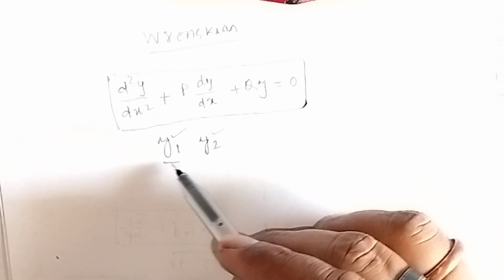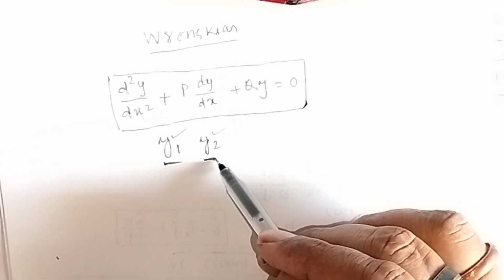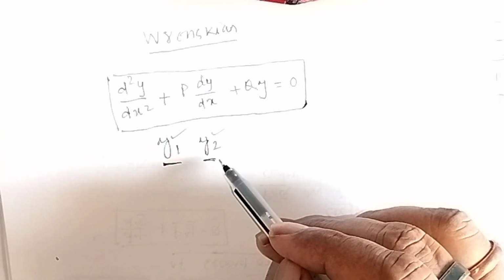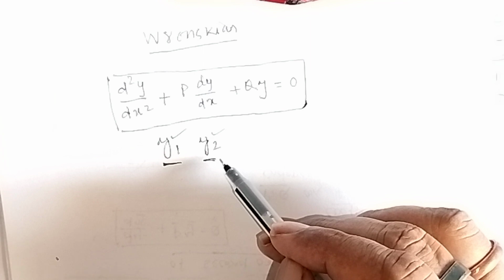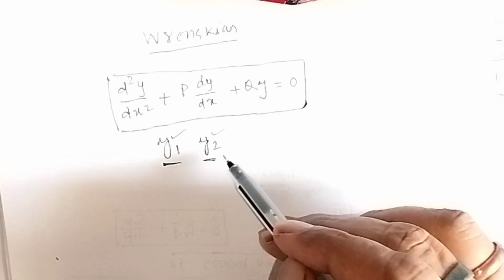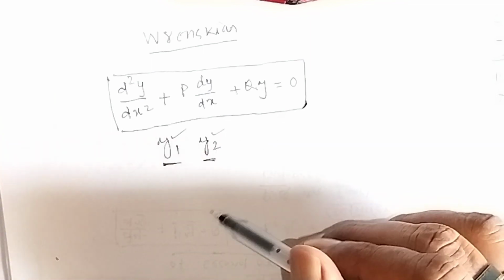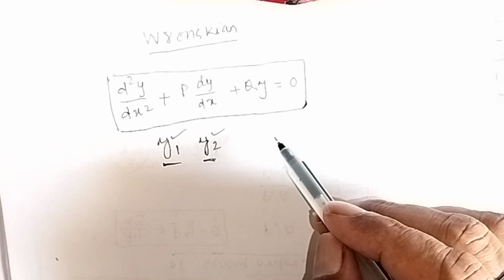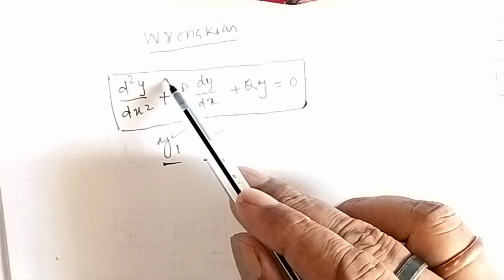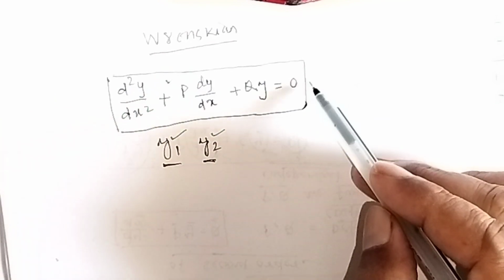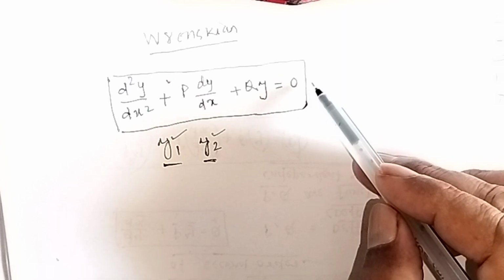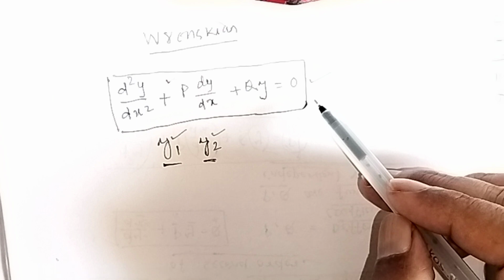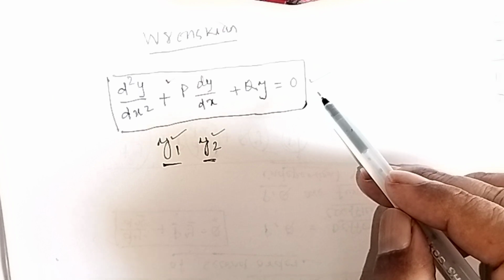What is the nature of the solution of this differential equation? The solution of a differential equation is a function. If you find the function of this equation, that means you have to find the integration. The integration of the differential equation will be the solution, or the function, of the differential equation.